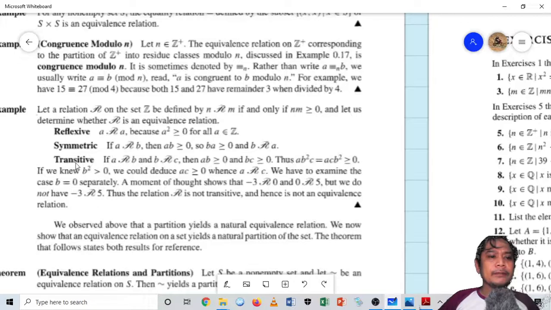Next example. A relation R on a set Z, defined by N is related to M if and only if the product N times M is greater than or equal to 0. Let us determine whether or not R is an equivalence relation.